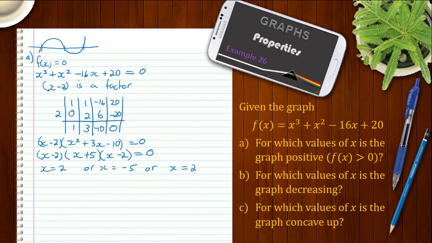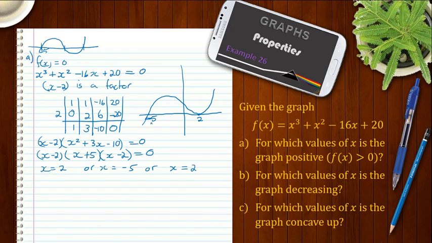So that means this intercept here is at negative 5, but both of these intercepts are at 2, meaning it looks something like this, where we have our graph, but the one turning point falls on the x-axis, because both the intercepts fall on one point. So this is what it looks like.